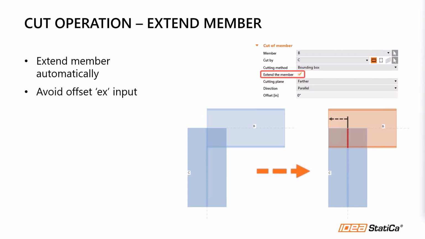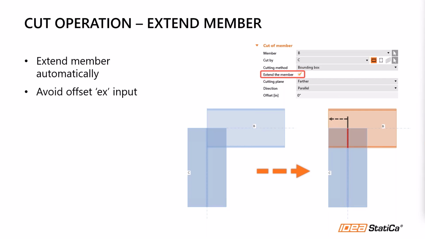And lastly, we have the cut operation, and this is another added feature which allows you to extend your member to the end of the other member. In previous versions, the way to do it, you would have to cut the member, change the cutting plate, and then in certain cases, add that offset manually.